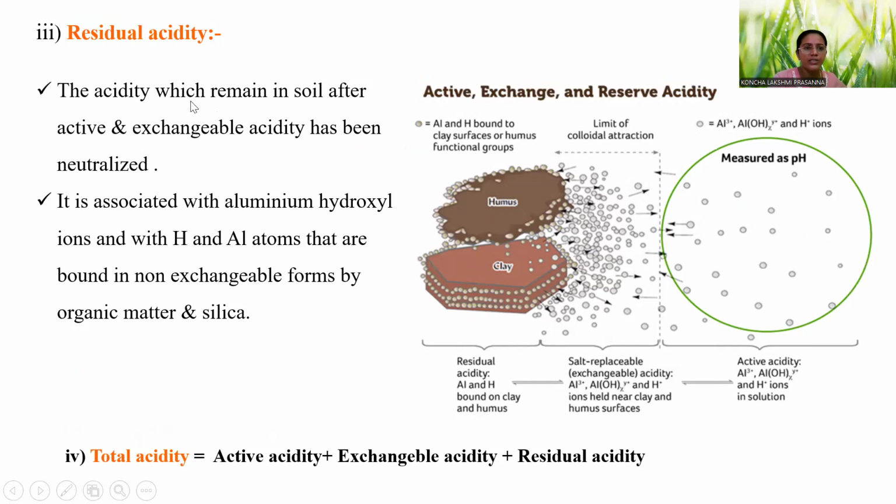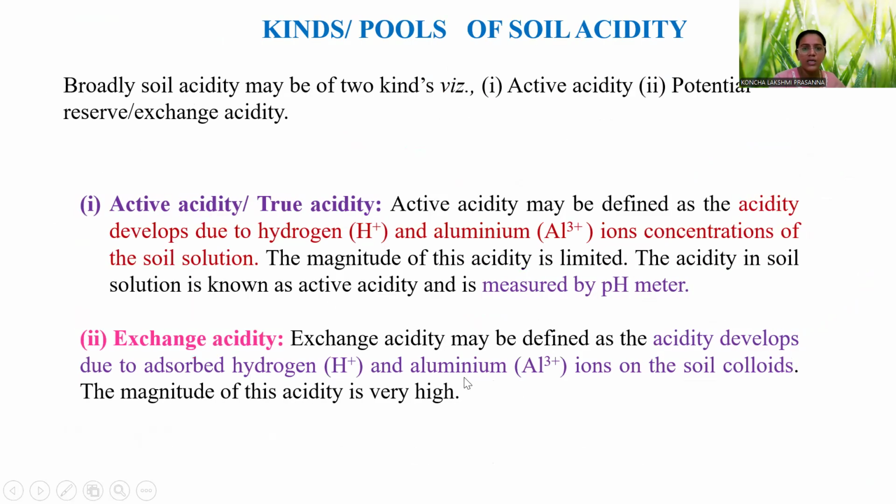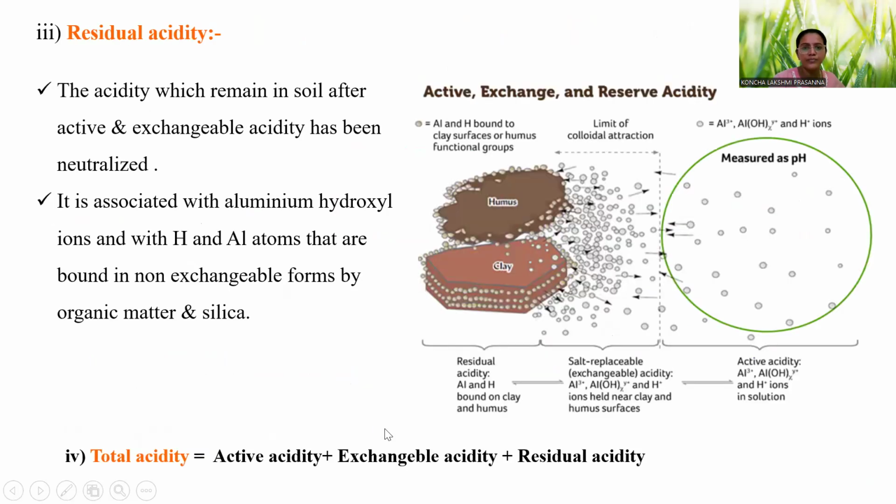The lime requirement of acid soil is mainly determined by this exchange acidity. The magnitude of this acidity is very high. Next is the residual acidity. Residual acidity is the acidity which is left after the active and exchangeable acidity are neutralized completely.